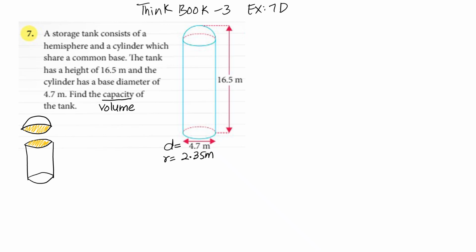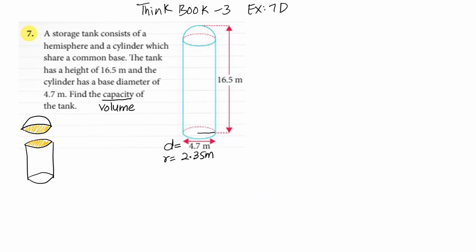The radius always starts from the center of the base, and the line moves in any direction touching the outer curved part of the base. So this is the radius. Likewise, if I draw a center point on the base of the hemisphere and draw a line moving towards the outer curved surface of the hemisphere, it is known as the radius.